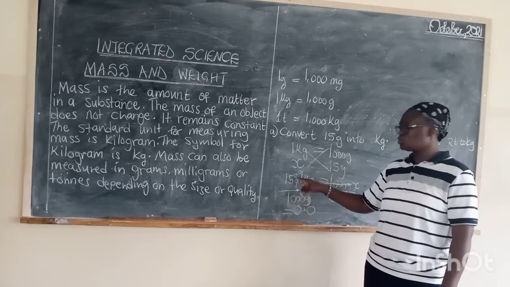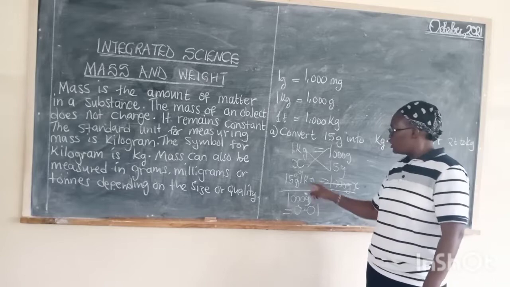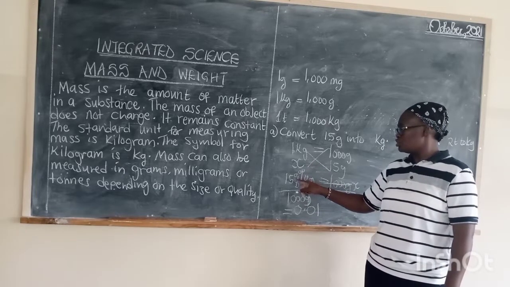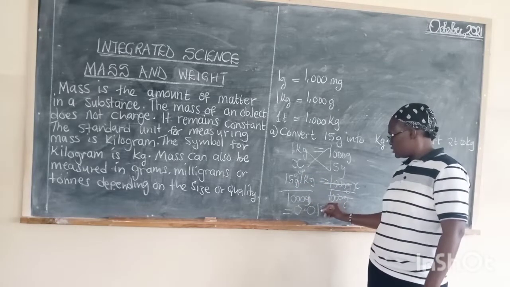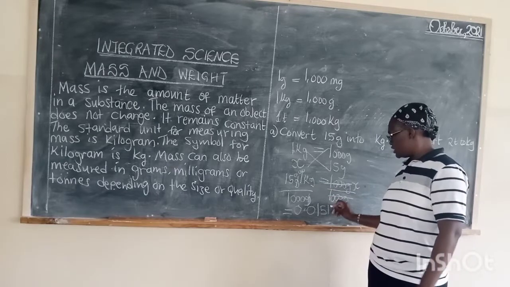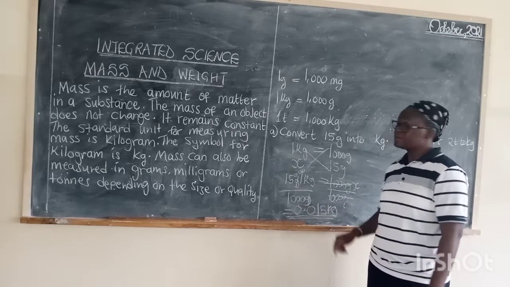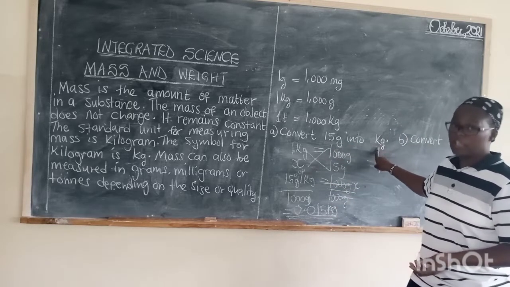So 1,000 into 1,500, it is 1 remainder 500. So on the 500 we put a 0. 1,000 into 5,000 it is 5. Then the symbol we get kg. So this is the answer for converting 15 grams into kg.